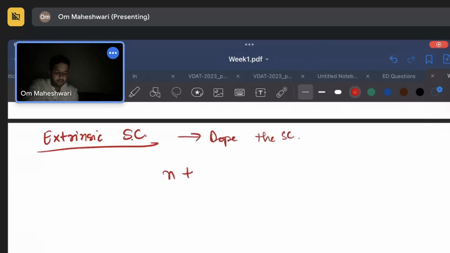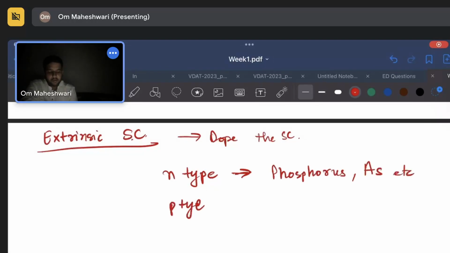So for n-type, we dope by pentavalent impurities, that are phosphorus, arsenic, etc. For p-type, we dope by trivalent impurity, that are like boron. Aluminum maybe. Generally boron.